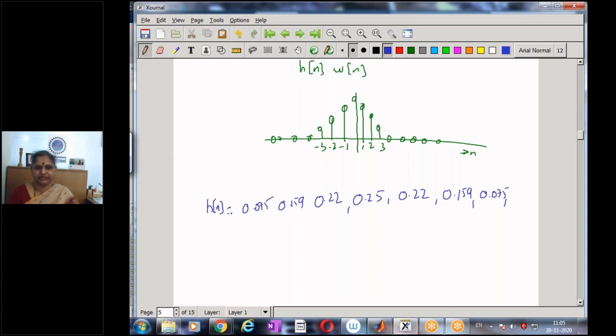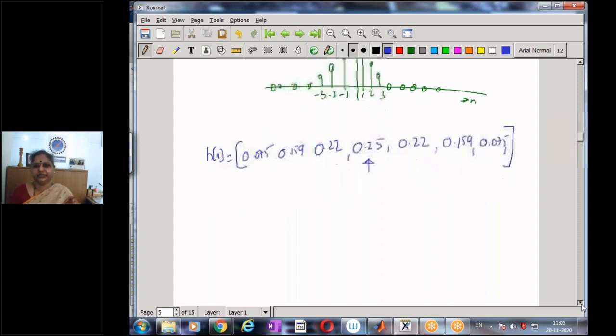Now my h of n after multiplying is this, and we know that we have the origin at the center. Now this is a non-causal system. So as step 3, all that we have to do is just shift it. So my final designed filter h of n is going to be the same sequence.